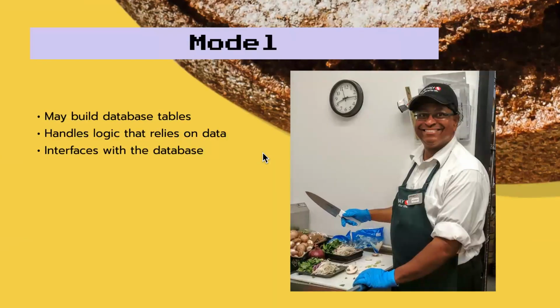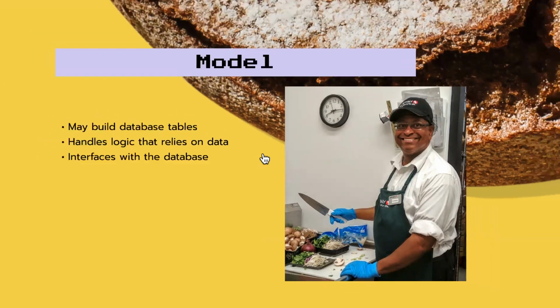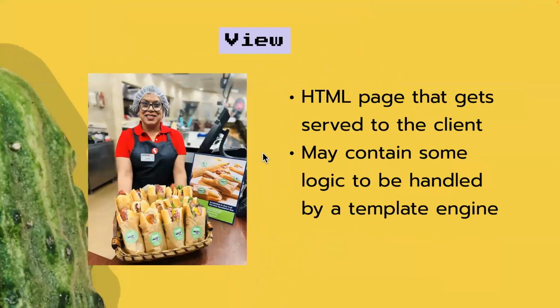The model is the person that interacts with the database. So he's going into the freezer, the database, and getting that information for the controller. Then the controller, once she finishes her initialization of the sandwich, hands it over to the view. The view wraps it up and gives it to us in a neat package and says $5.